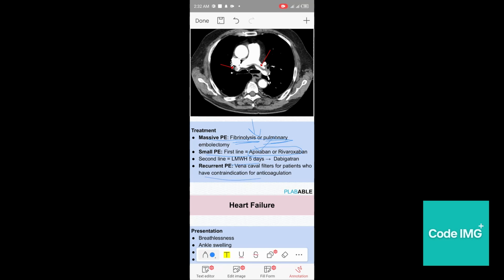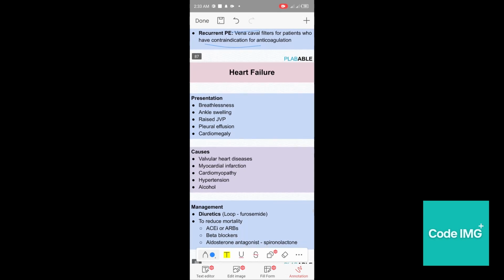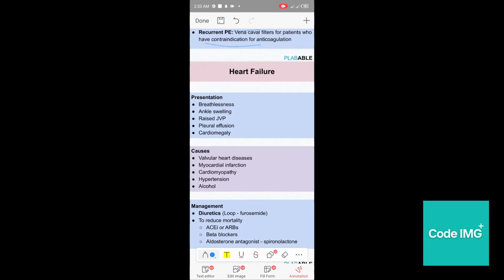If it's a recurrent PE, because the DVT is going over there, the thrombus, and particularly if there's a contraindication for anticoagulants, you need to go for an inferior vena cava filter. So PE, very important, very important.